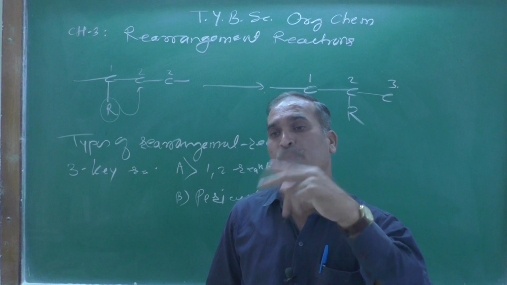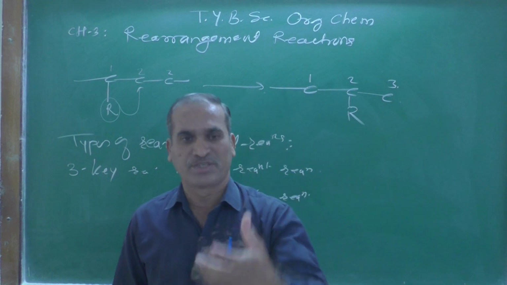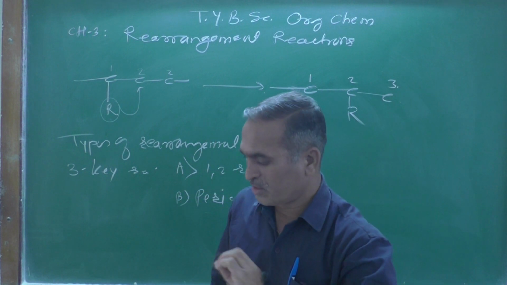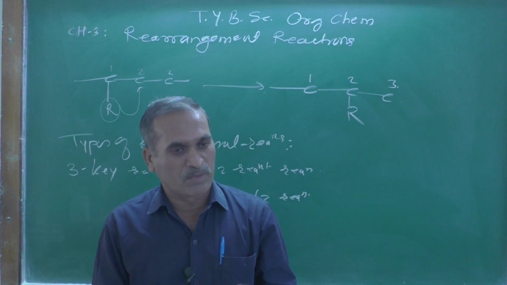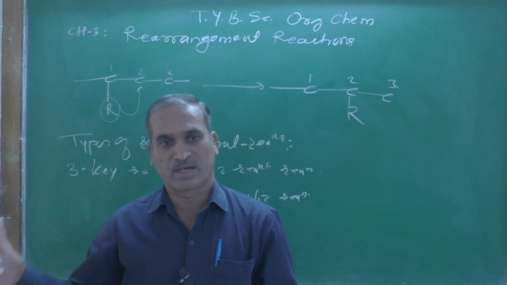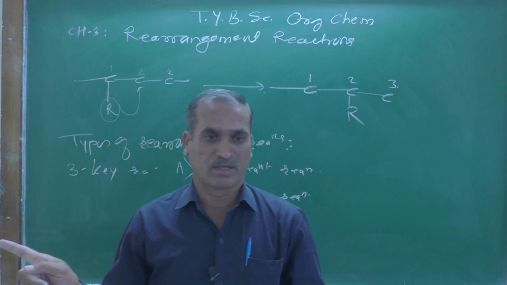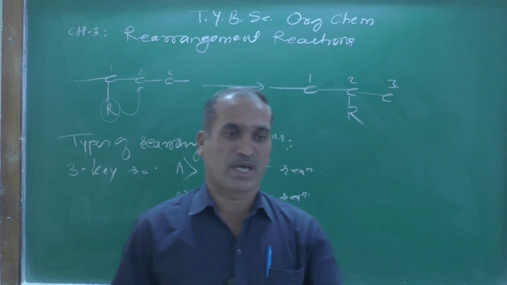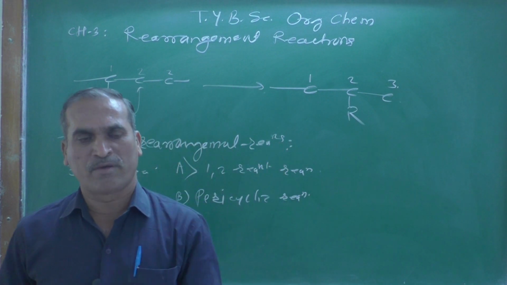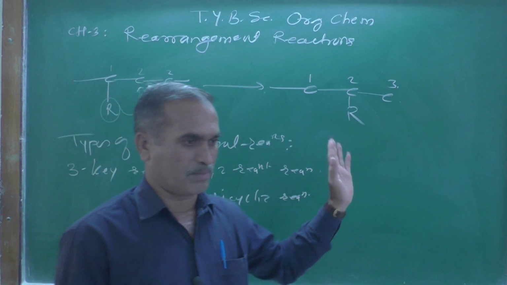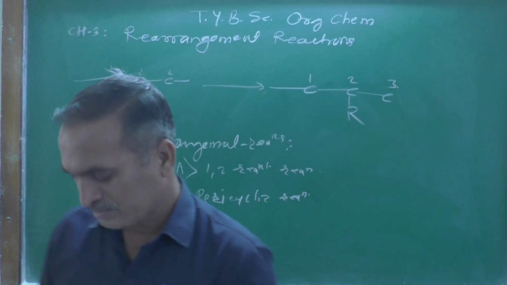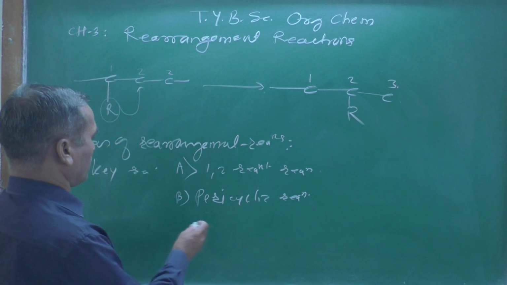So pericyclic reactions occur either thermally at room temperature or photochemically under sunlight. There are several types of pericyclic reactions, such as electrocyclic reactions and cycloaddition reactions.